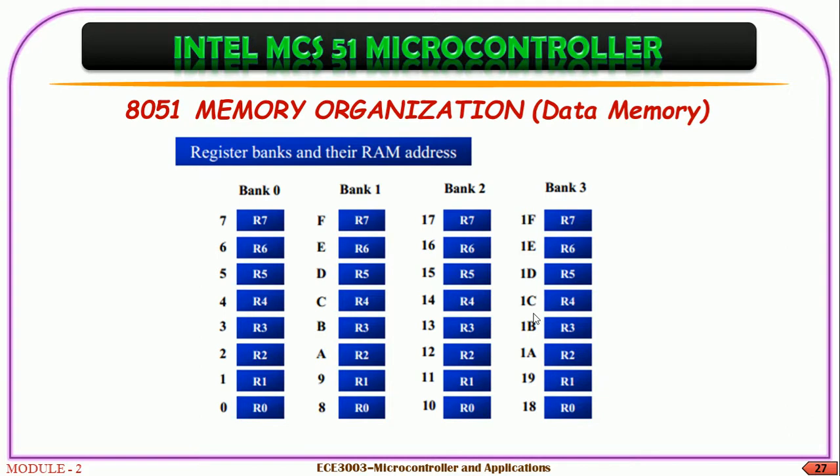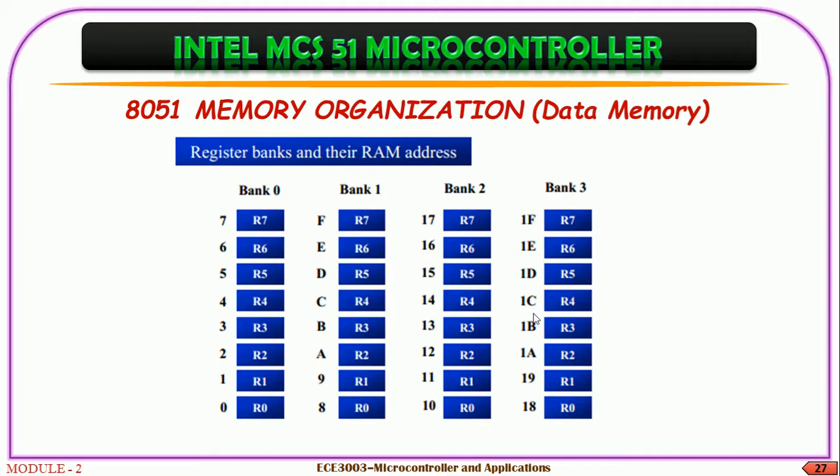This is the register bank organization of the 8051. In total there are four register banks: bank 0, bank 1, bank 2, and bank 3. The corresponding addresses are: for bank 0, 0 to 7; for bank 1, 8 to F; bank 2, 10 to 17; and bank 3, 18 to 1F.